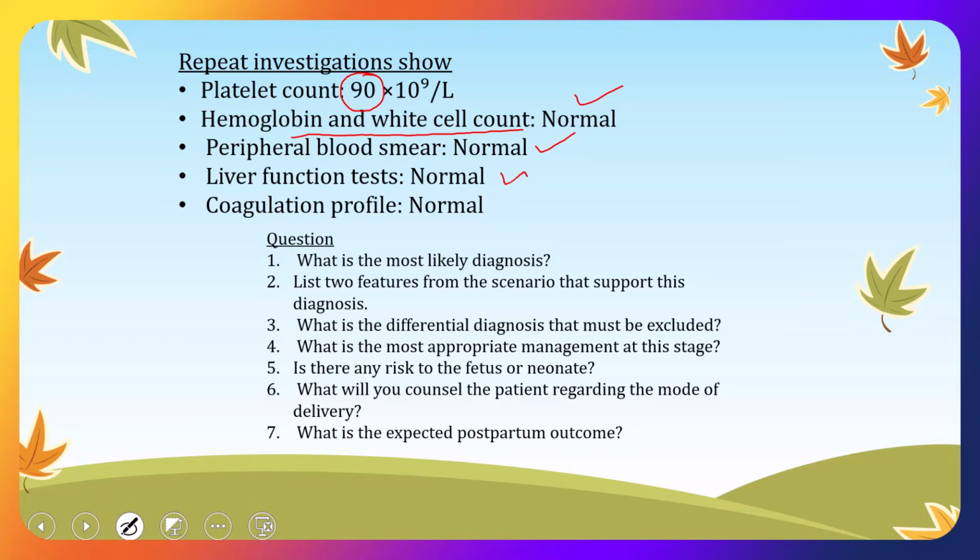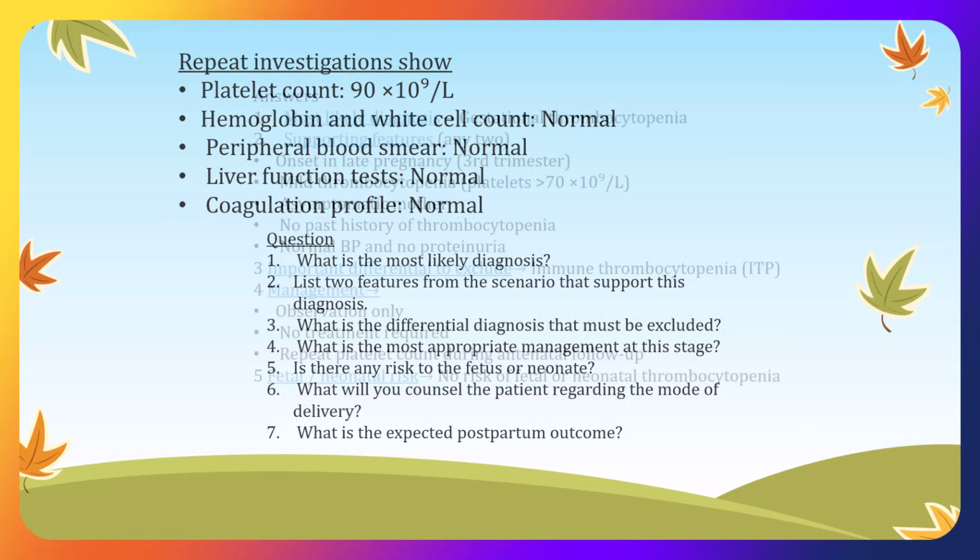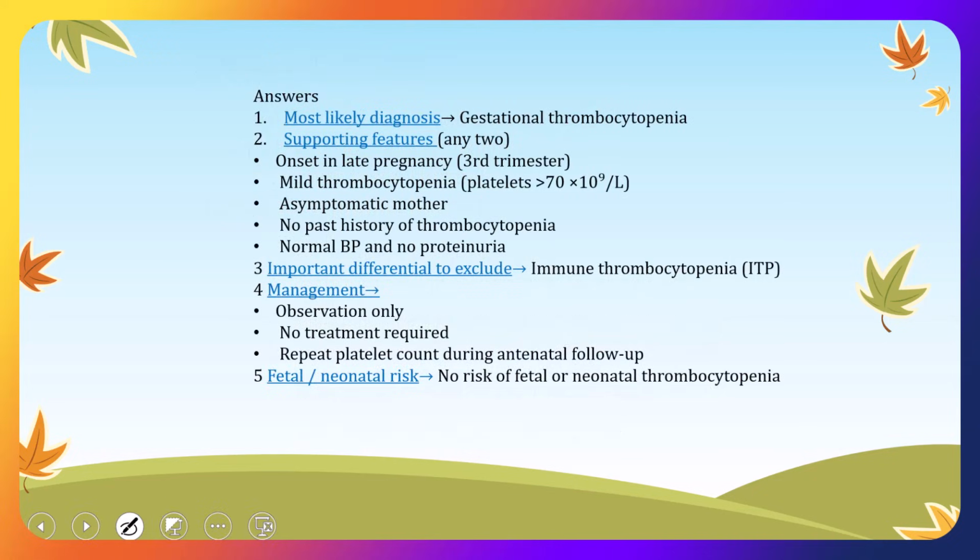List two features from the scenario that support this diagnosis. Now you can be asked to justify your diagnosis. For that you can answer: onset in late pregnancy, mild thrombocytopenia, asymptomatic mother, no past history of thrombocytopenia, normal BP and no proteinuria.